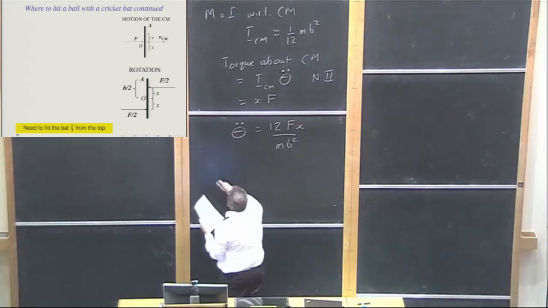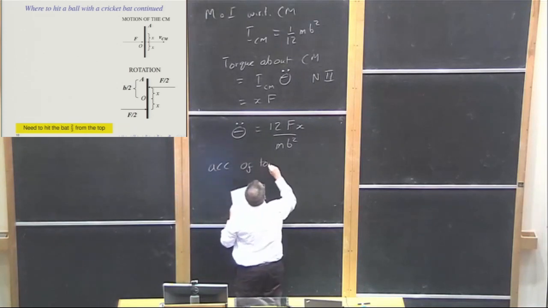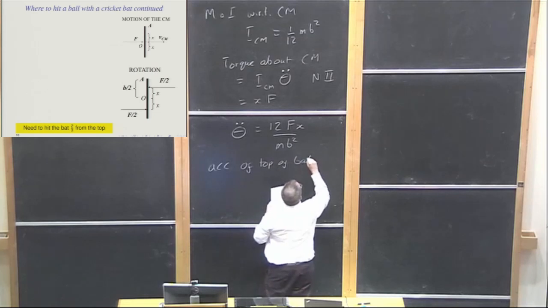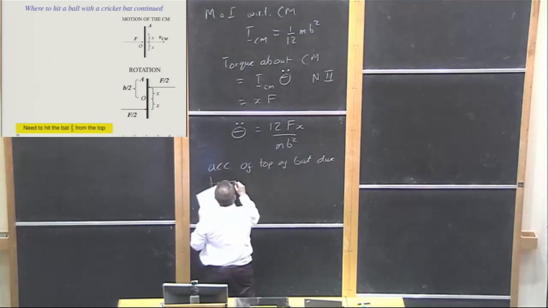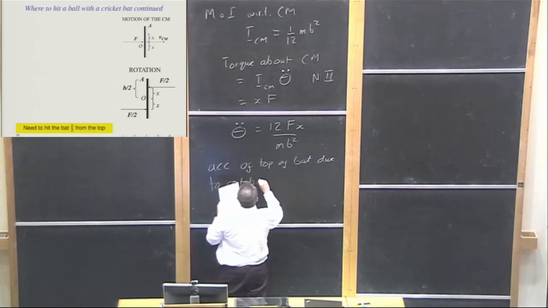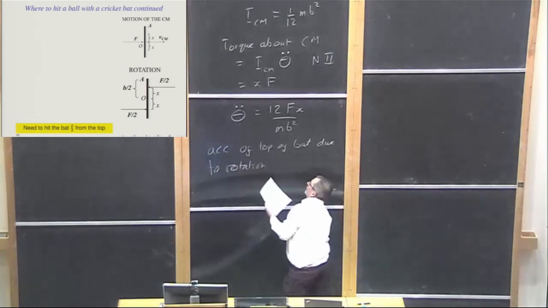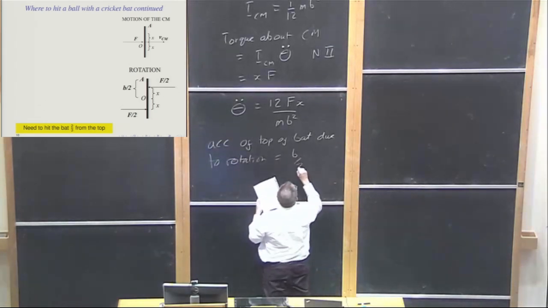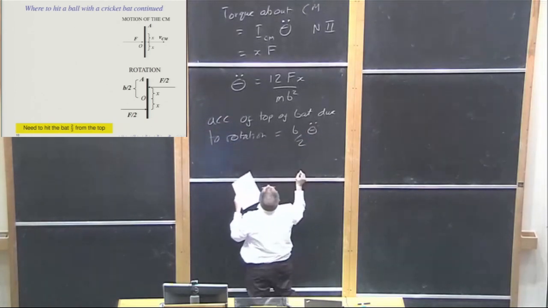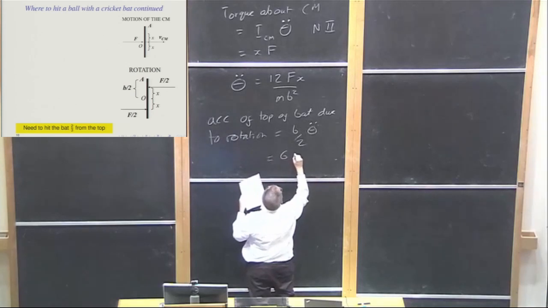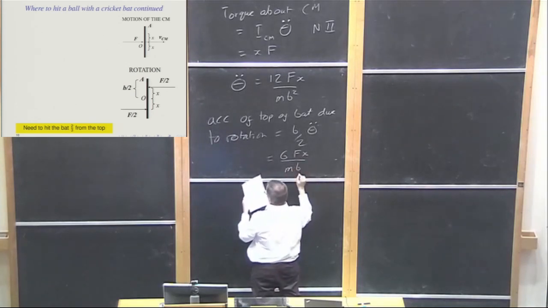So the acceleration of the top of the bat due to the rotation is just going to be given by this multiplied by b over 2. And that equals b over 2 theta double dot, which is 6fx over mb.